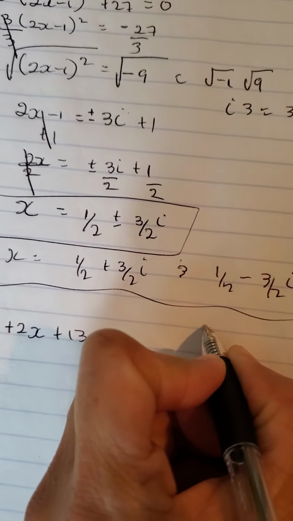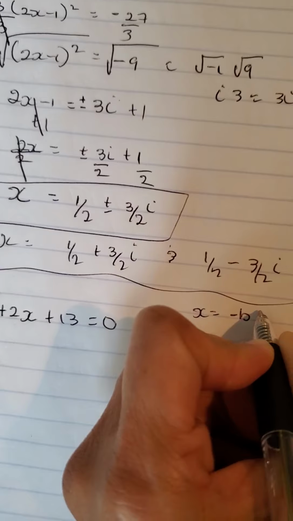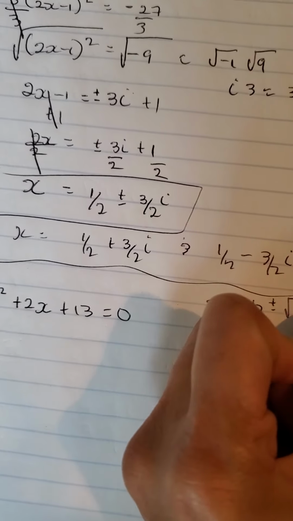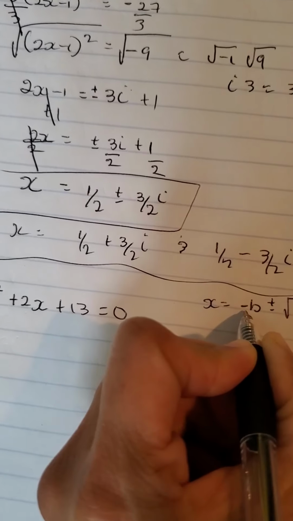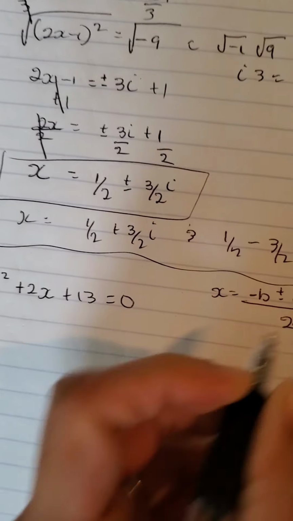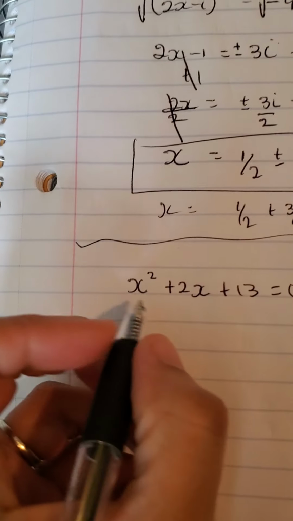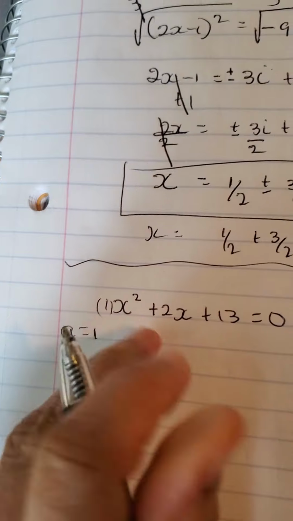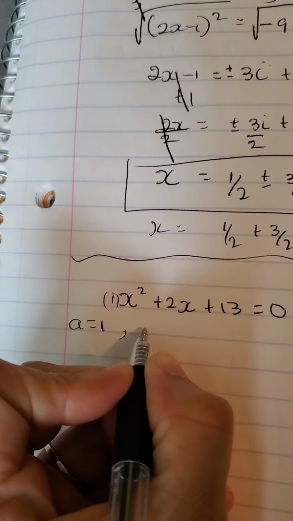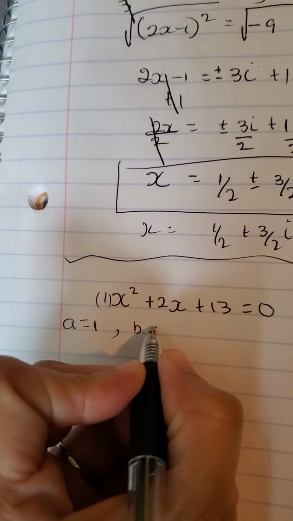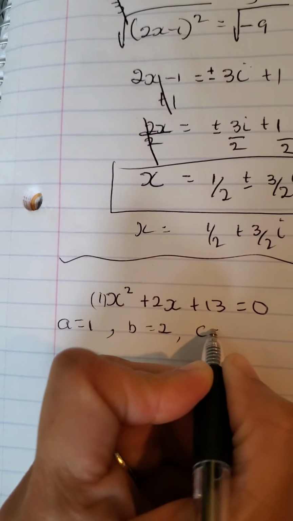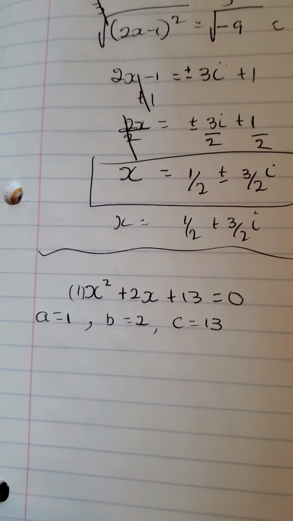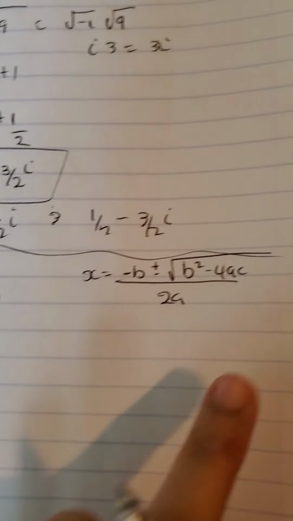So remember the formula says that x is equal to negative b plus or minus the square root of b squared minus 4ac, all over 2a. And all we're doing is plugging in our coefficients. So here my a is 1, the coefficient of the first term. My b, the coefficient of the second term, is 2. And my constant term is 13. That's correct because the equation is set equal to 0.